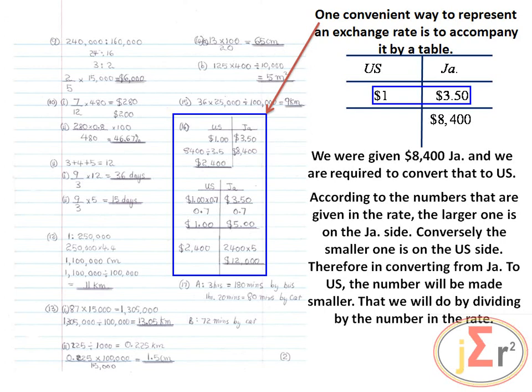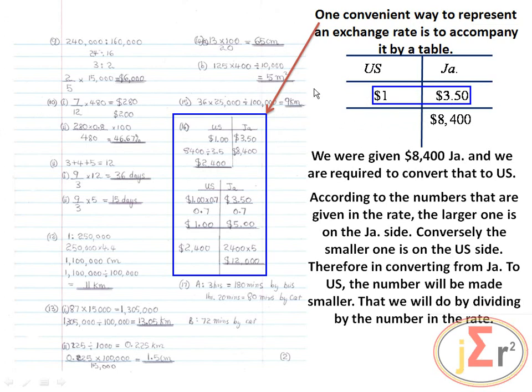Therefore, in converting from Jamaican to US, the number will be made smaller. That we will do by dividing by the number in the rate. So according to what we have here, the larger number is on the Jamaican side. Therefore, when we convert to this side, we should get a smaller figure.